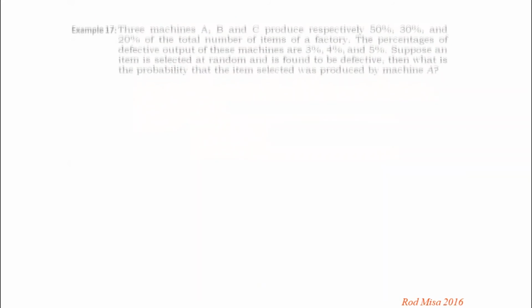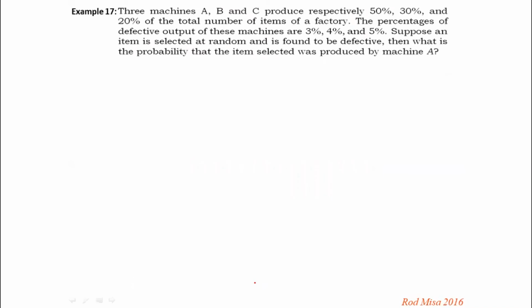Now, let us illustrate this Bayes theorem in an example here. We will use our previous example, example 15. Three machines, machine A, machine B, machine C, produce respectively 50%, 30%, 20% of the total production of the factory.